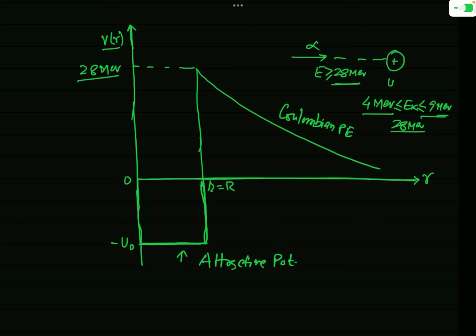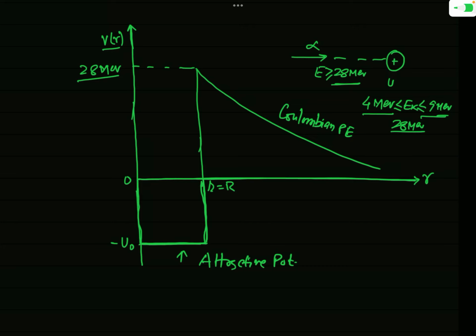So you can say in general that an alpha particle emitted during radioactive decay never has energy equal to the barrier height. So no alpha particle can penetrate into the nucleus.